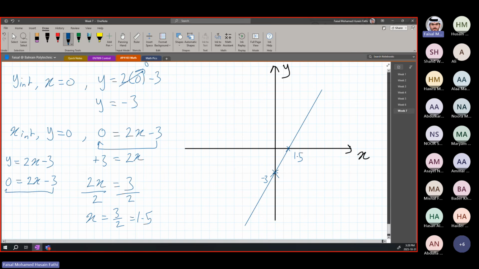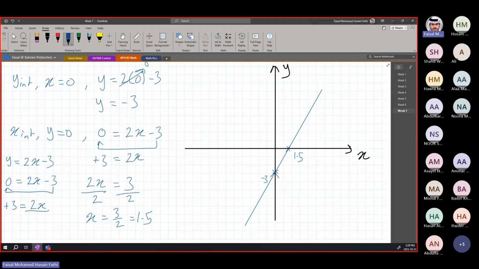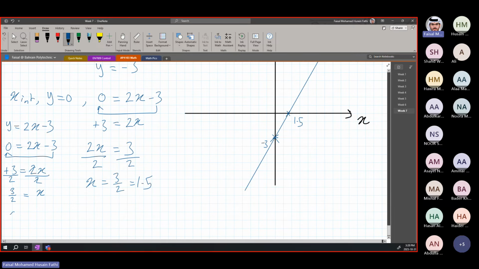So we will take the minus 3 to the other side. It becomes plus 3 is equal to 2x. Then we divide both sides by 2. So 3 over 2 is equal to x, since the 2 and 2 cancel. So x is equal to 3 over 2, which is equal to 1.5.